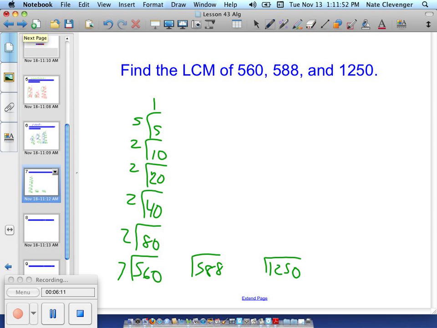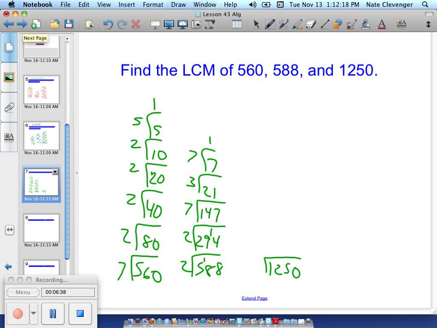Okay, 5,288, I'm not messing around. I know it's going to be divisible by 2. 2 will go into 5 twice with 1 left over is 9 and 4. Still going to use 2. 2 will go into 2 once, goes into 9 4 times with 1 left over. 2 goes into 14, 7. 7 goes into that, 21. 3, 7, 7, 1, whichever direction you go with that.